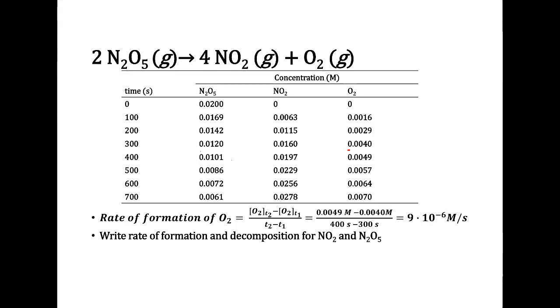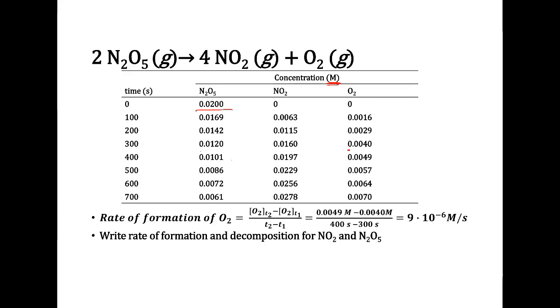As we look at this particular reaction, the dinitrogen pentoxide reacting to form nitrogen dioxide and oxygen, we're given a data table, and now we're able to start to compare some of the concentrations that are given in molarity.